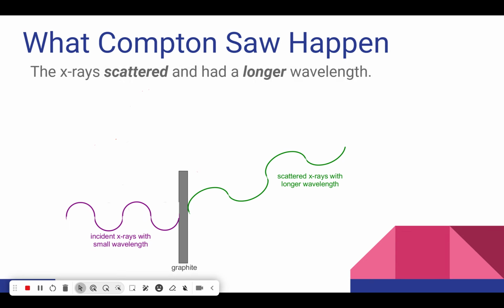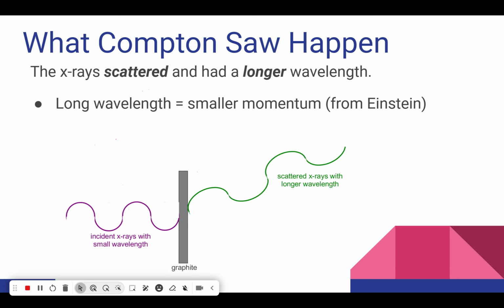So he starts thinking about it and realizes that the waves that have a longer wavelength, the scattered X-rays, according to p = h/λ, where bigger wavelength means smaller momentum, it makes it sound like the X-rays, when they hit the graphite, lost some of their momentum, because after the collision with a longer wavelength, they have less momentum than they started with.